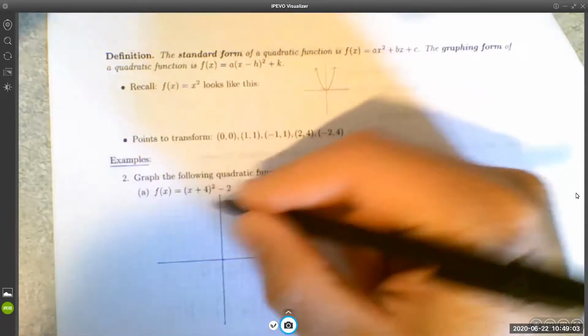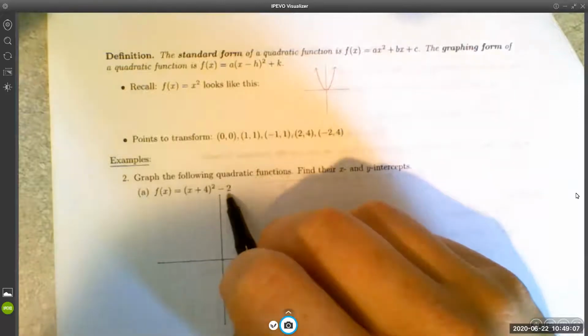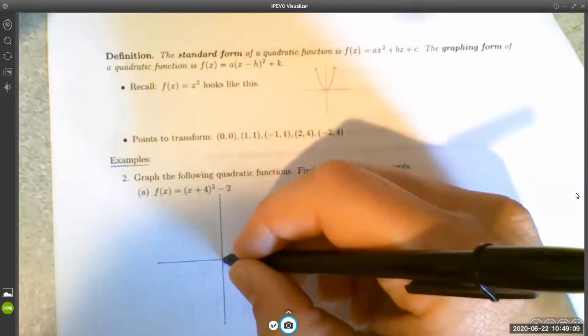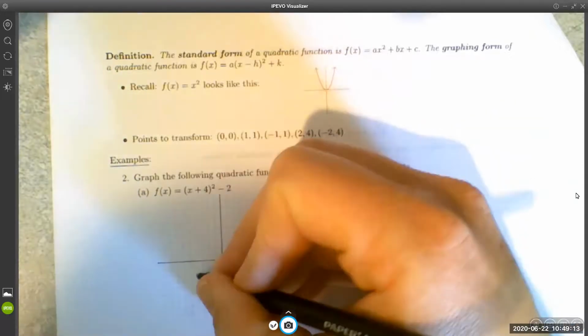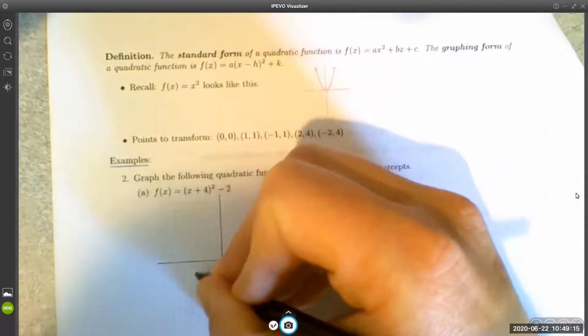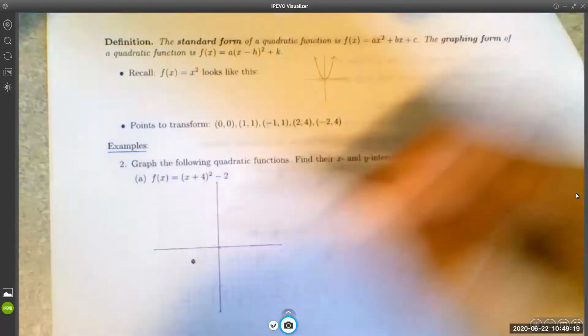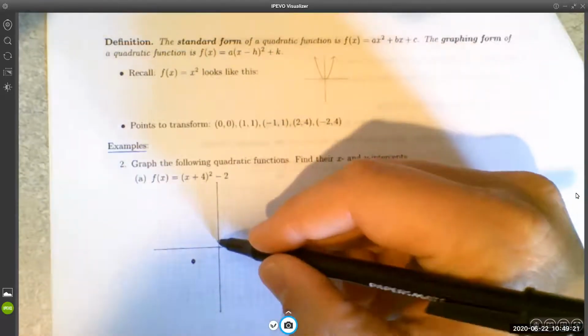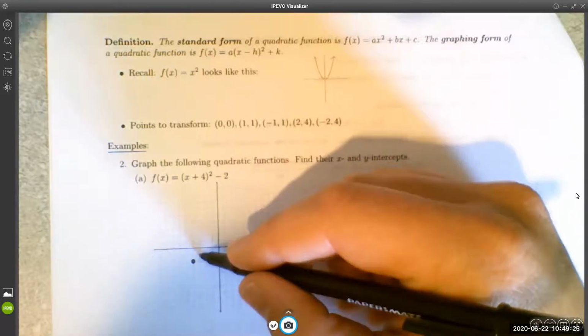This is going to shift that vertex 4 units to the left and 2 units down. So instead of the vertex being at (0, 0), it's going to be at (-4, -2), right there. I can do that with the other points here, right? Like I could take (1, 1) and go left 4, down 2, and it ends up right there.